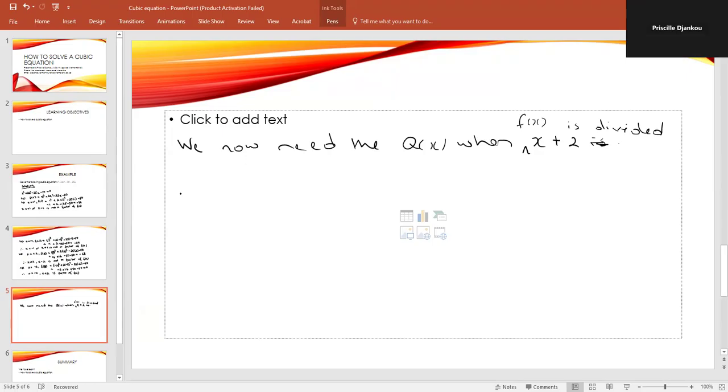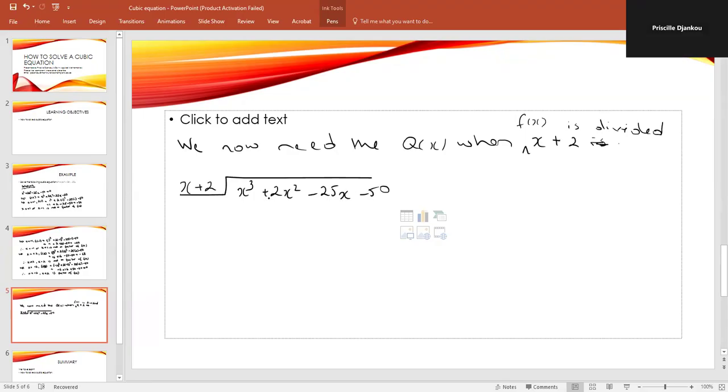To achieve this, we can use either long division or synthetic division. If we use long division, at this point, we're going to have x plus 2, and inside here, we're going to have our function f of x: x cubed plus 2x squared minus 25x minus 50.